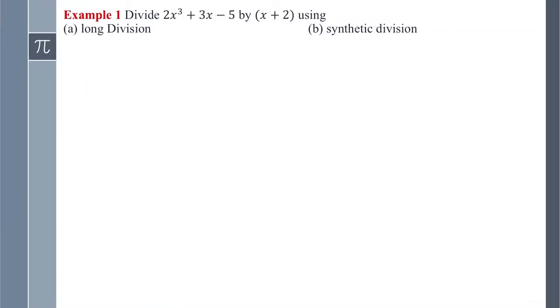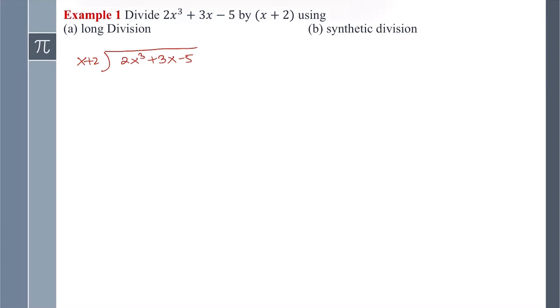So here's an example. We are going to divide the polynomial 2x cubed plus 3x minus 5 by x plus 2 using long division. We take x plus 2 right here, and then we put our dividend here, 2x cubed plus 3x minus 5, and then we go ahead and divide.